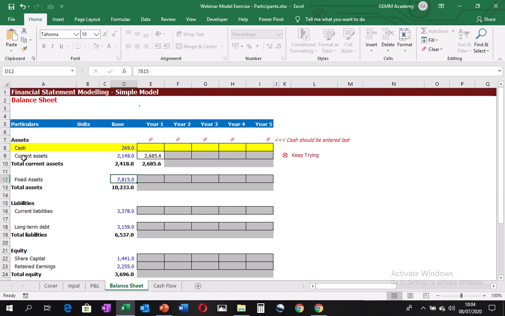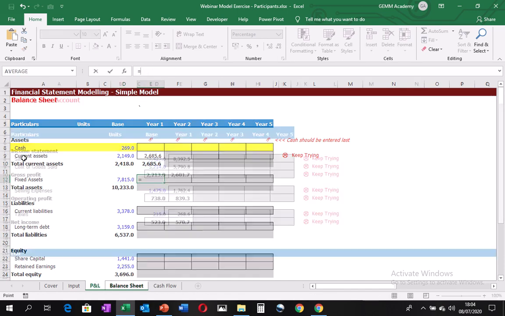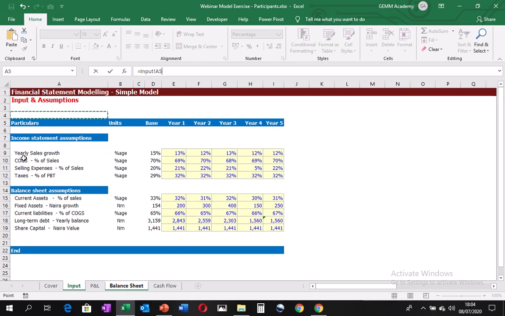Alright, then fixed assets. Fixed asset equals to, we'll go look at the assumption for fixed assets, and that is Naira growth. So this is the growth on fixed asset, and it is in absolute terms. So it's going to be this figure plus the base year figure. I'm going to get the base year figure for fixed asset.